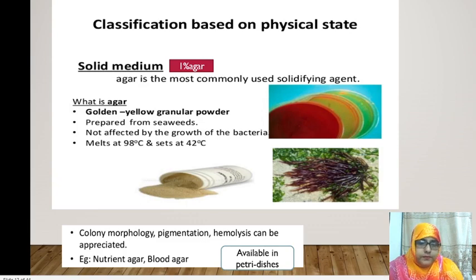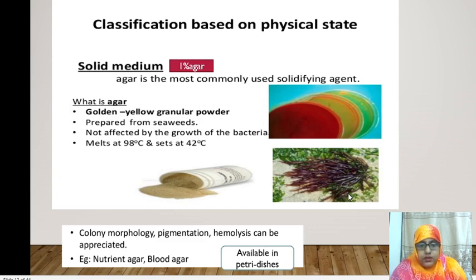Solid medium, 1% agar. Now what is agar? It is commonly used as a solidifying agent. Alright, what is agar? It is a golden yellow granular powder prepared from seaweeds. You can see here seaweeds.